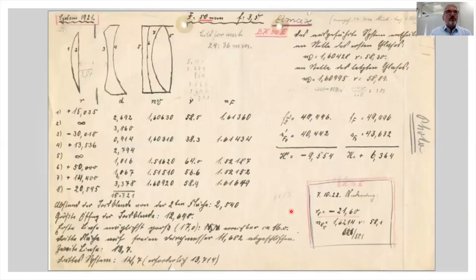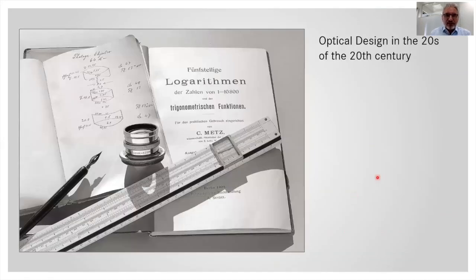Yes. So this is the first optical design data of the LMAX done by Max Berek in 1921 is the date of this. So 22 is the latest change in this design. Yeah. And I need to highlight that optical design at that time was not so easy as today. Today we have computers, we have software, we have a lot of things.